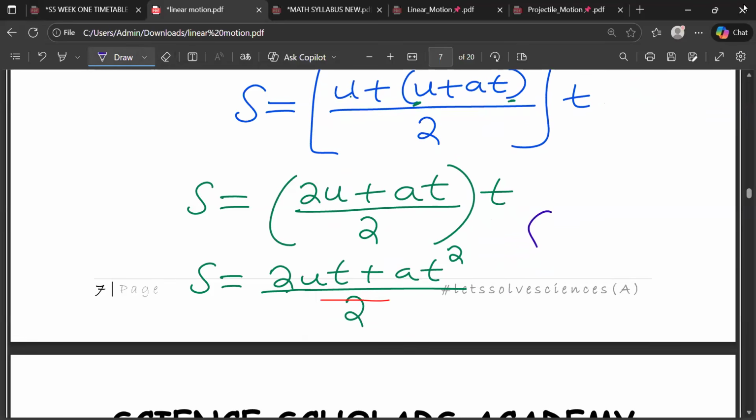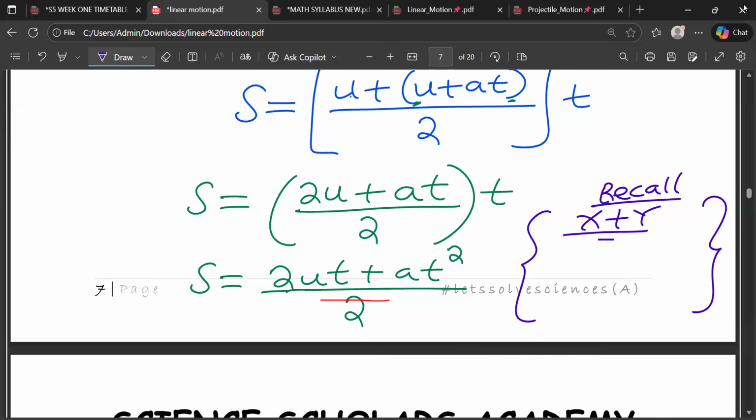Something you need to recall here, I'm going to remind you. I want you to recall that x plus y over z is the same as x over z plus y over z. I think you know that, eh? After splitting, they share the denominator.